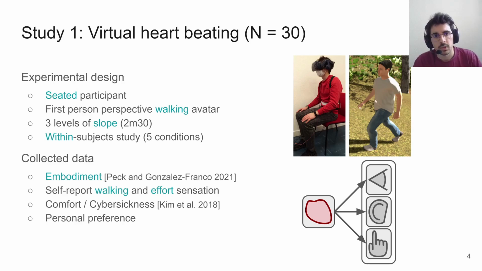So the avatar walks on a straight path with 3 levels of slope, which get steeper and steeper to have the physiological activity evolve during a simulation. And it's a within subject study of 5 conditions where we compare visual only, auditory only, haptic only, multisensory, and a control condition. We measure embodiment, walking sensation, and effort sensation.